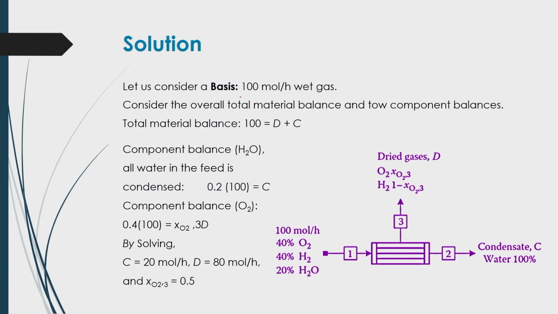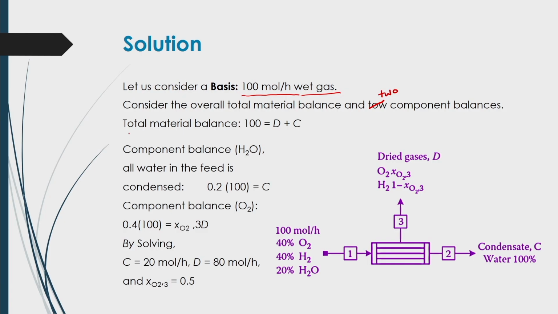Let us consider the basis as 100 mole per hour of wet gas with the composition of 40% oxygen, 40% hydrogen and 20% water, and consider the overall total material balance and the component balances, here 2 component balances.